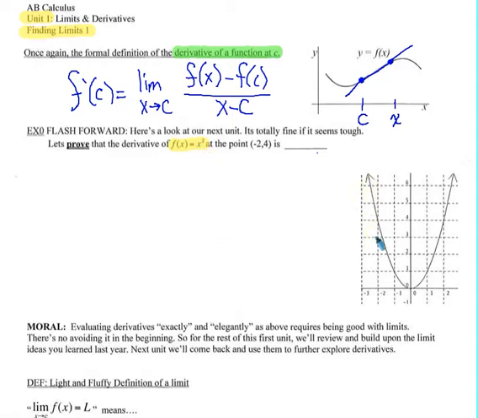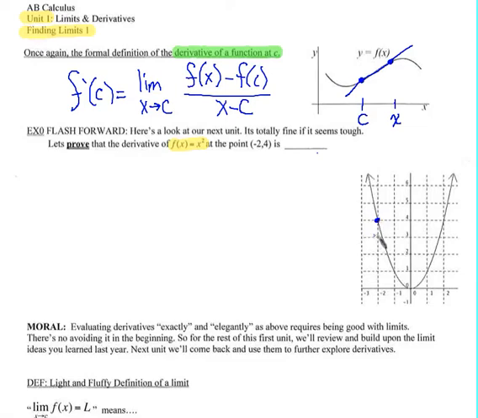And over here on the right hand side is a graph of x squared. We're going to pick a point on this graph. If we pick the point negative 2, 4, right? So we're going to look at it right there.